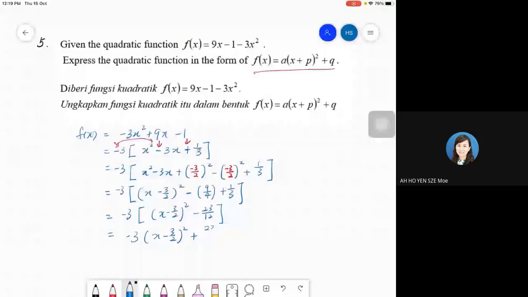Lepas tu darab masuk balik. Okay, x tolak 3/2. Maaf, this one no need already. Darab masuk sudah tak perlu. Okay, x tolak 3/2 kuasa 2. So jangan lupa negatif akan jadi positif di sini ya. Ini akan jadi positif, 23/4. So this one will be the last answer. So dah tukar dah dalam bentuk penyempurnaan kuasa 2.